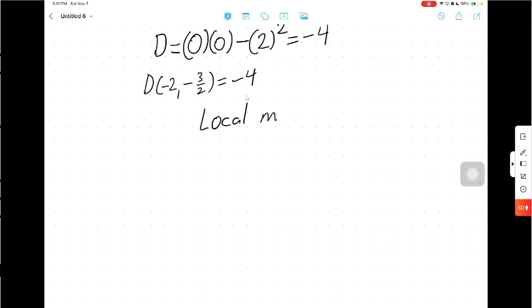Oh wait, D is less than 0. It's a saddle point.